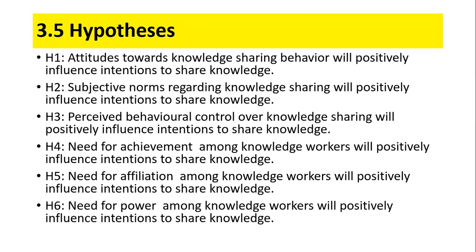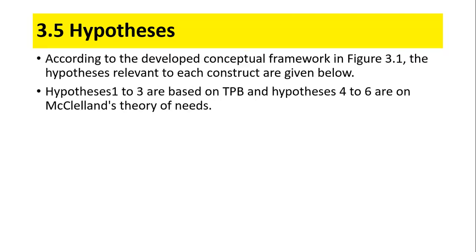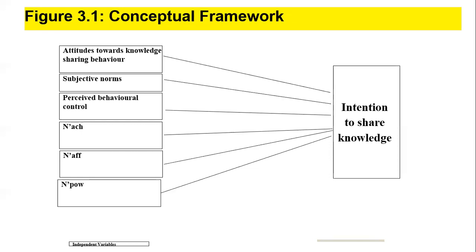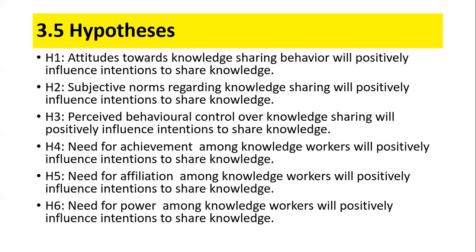So in this research, we are discussing the intention to share knowledge. That's the problematic area, that's the issue, that's the research variable, right? Then H5, need for affiliation. Need for affiliation among knowledge workers will positively influence intention to share knowledge.